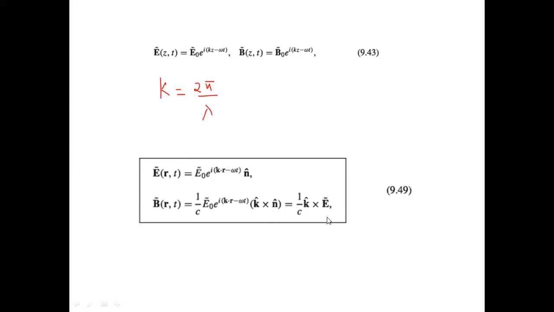So there are three mutually perpendicular vectors, and here the 1 by c denotes that the magnitude of B is very much less than that of E, by 1 by c times. So once you find the E vector for any wave, you can just take the cross product with the k vector, the propagation vector, divided by c to get the B vector, or the magnetic field, how the magnetic field varies. Here you can see the full equations written out.